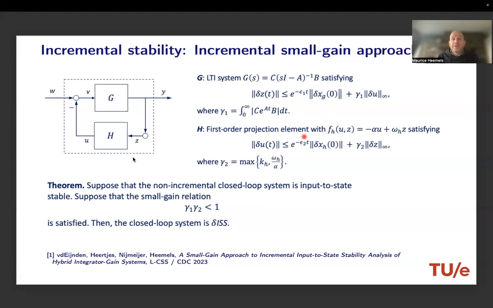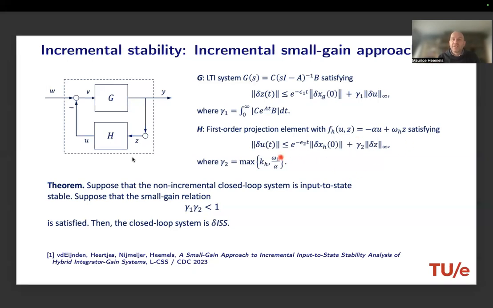Plus, for first order projection elements, with this dynamics, we can prove that the first order projection element is incrementally input to state stable.